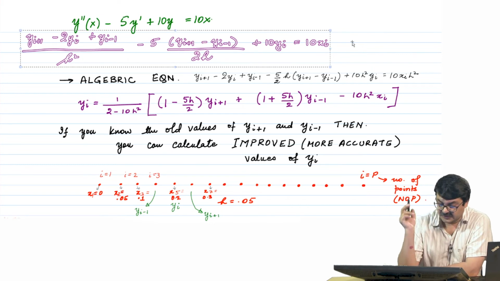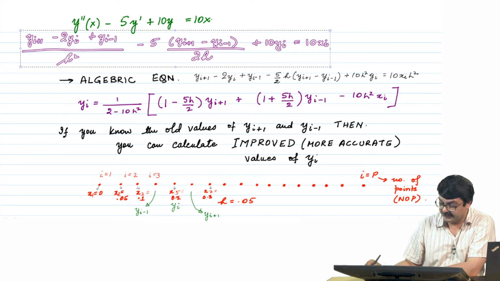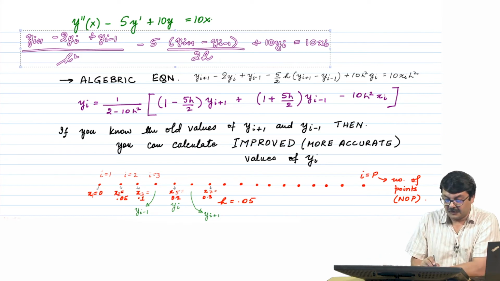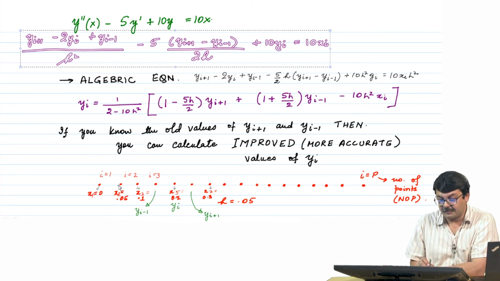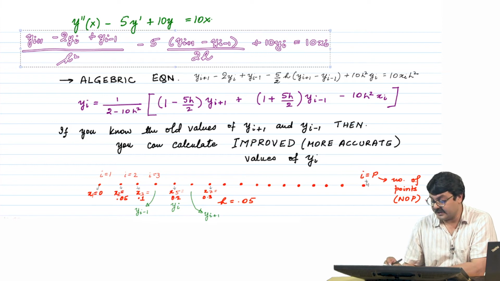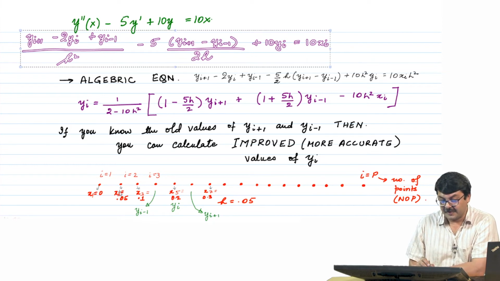So, basically what we are trying is that at different grid points along the entire range, you have x at different points, 0.05, 0.1, and so on.